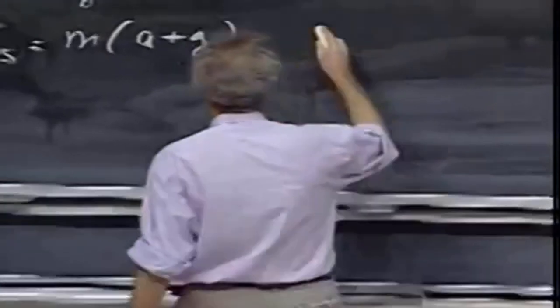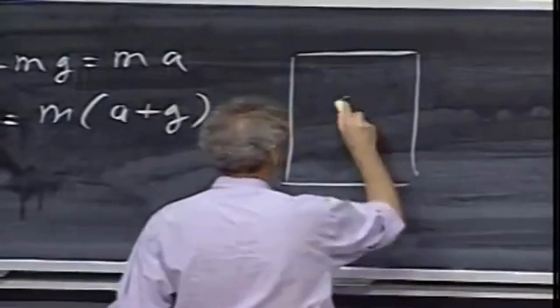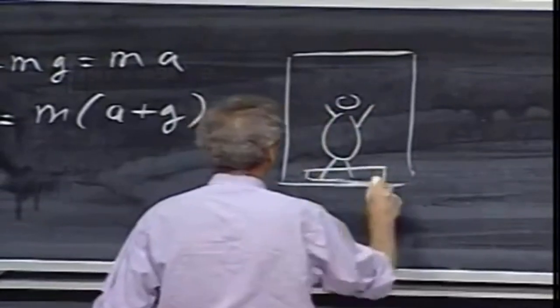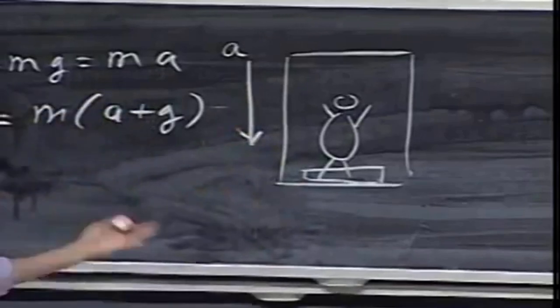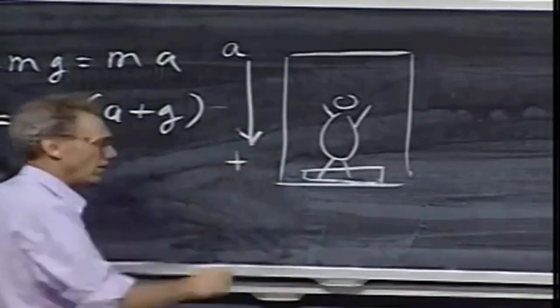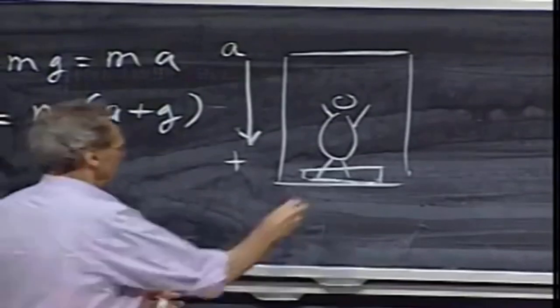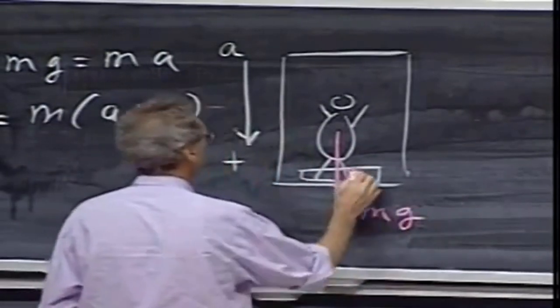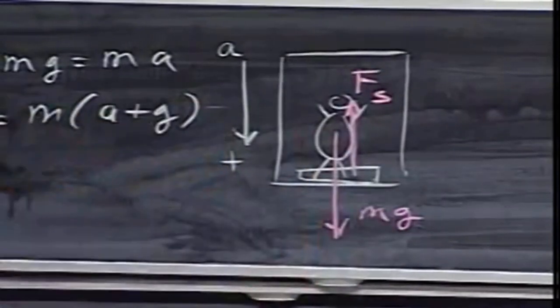Now, I'm going to put you in the elevator. Here you are. And I'm going to accelerate you down. This is now A. And just for my convenience, I call this now the plus direction. It doesn't really matter. So now we have here mg. That is gravity acting upon you. And now you have the force from the bathroom scale.